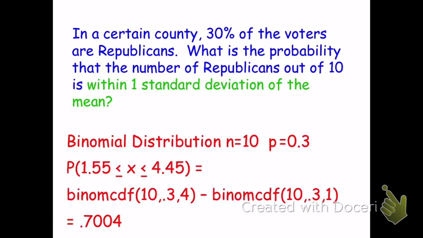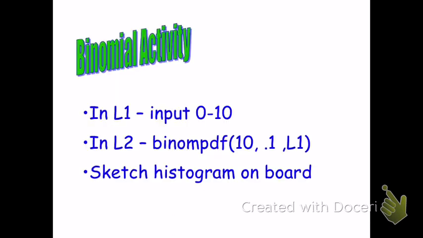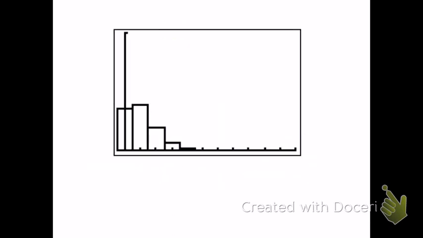So some properties, we're not going to do this activity. I'm very sorry. Yes? For the last one, why are we not including 1.55? We're not including those because we can't put decimals into a binomcdf. So we always round inward to the nearest whole number. The lower bound goes up and the upper bound goes down.